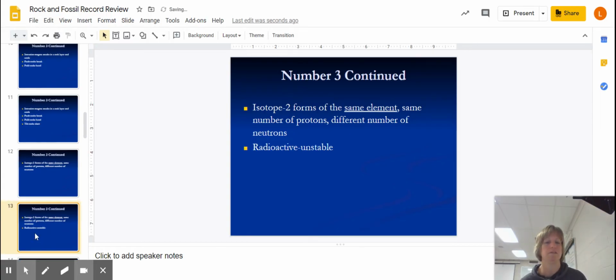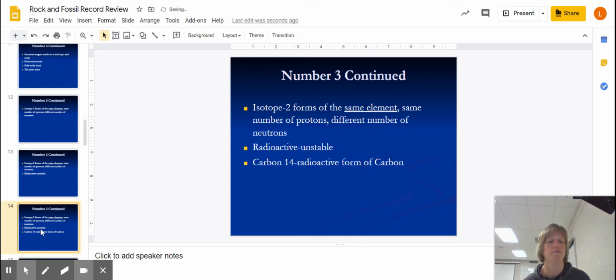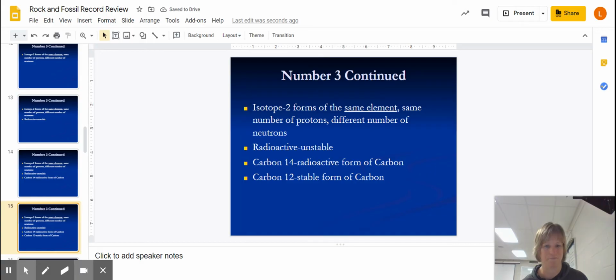Now, what do we mean when we say that there's an isotope of a certain element that's radioactive? It means it's unstable and it won't stay in that unstable form forever. And so carbon-14 is the unstable radioactive form of carbon. Another way to say it is it's the radioactive isotope of carbon, where carbon-12 is definitely the stable form.